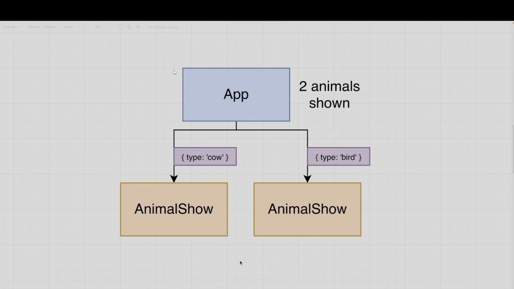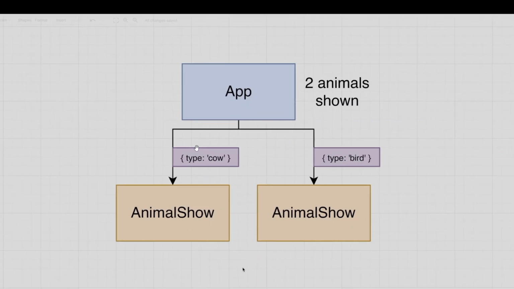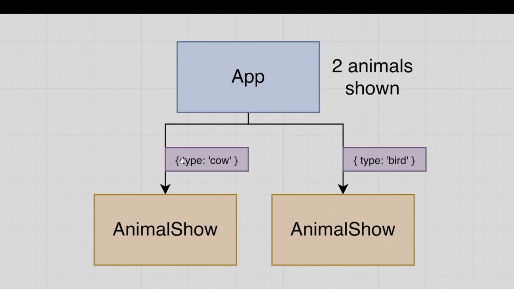And how can we do that? We need to pass props. For example, you can see in the slide here, we are passing a prop of attribute type, and every time this prop changes. As you can see, in the first copy of the AnimalShow component it is cow, and in the second copy of the AnimalShow component it appeared as bird.